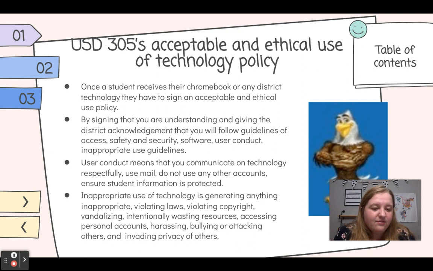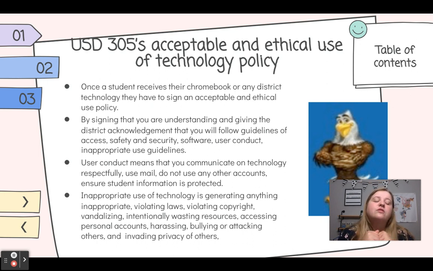Accessing personal accounts on your Chromebook, your own laptop, or your school's laptop is also inappropriate. Harassing, bullying, and attacking others in Google Classroom, on Facebook, or online are against policy, as is invading the privacy of others, meaning you don't take other people's passwords without them knowing, and you keep yourself safe.